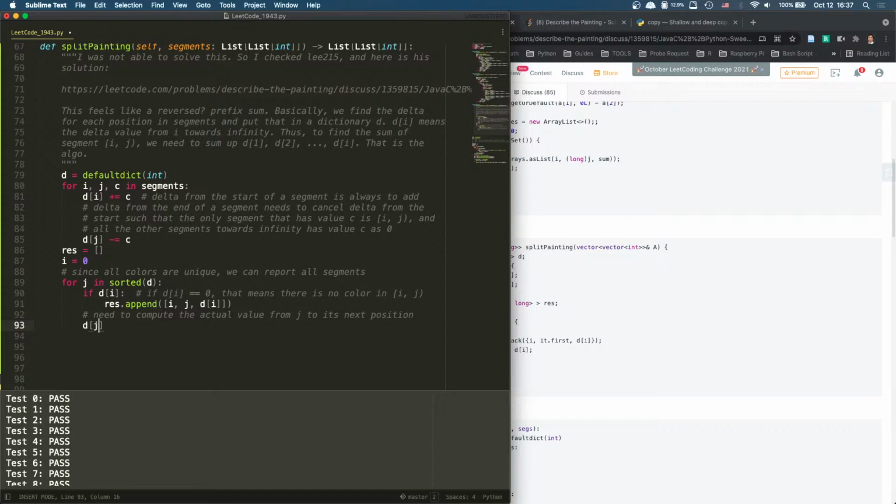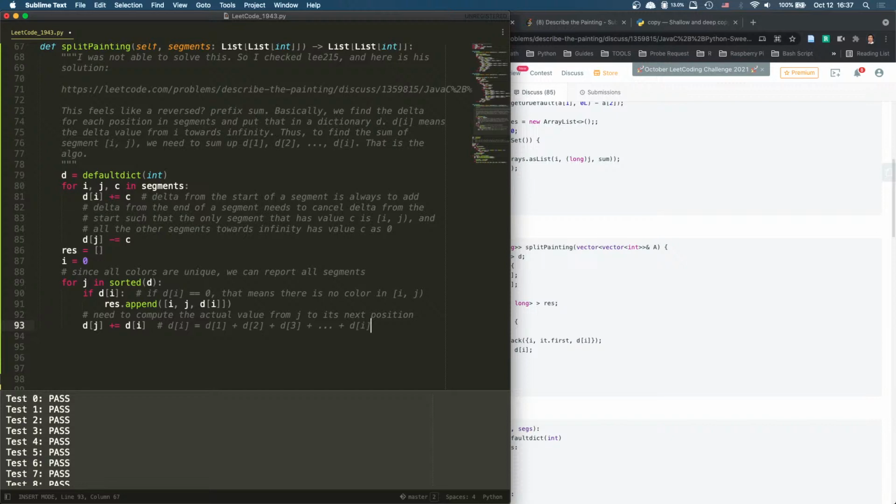So d[j] will be plus equals d[i]. Right? d[i] is the accumulation of d1, d2. Yeah, I can just say d[i] equals d1 plus d2 plus d3 and so on plus d[i].